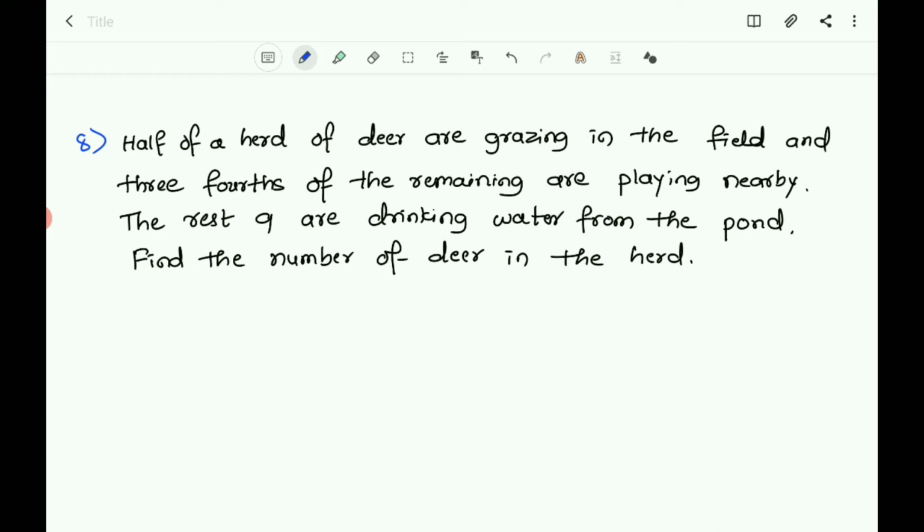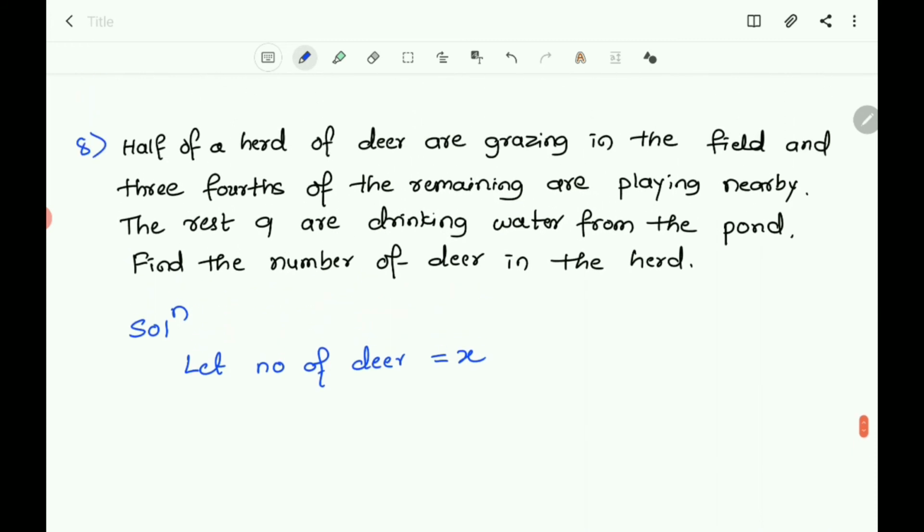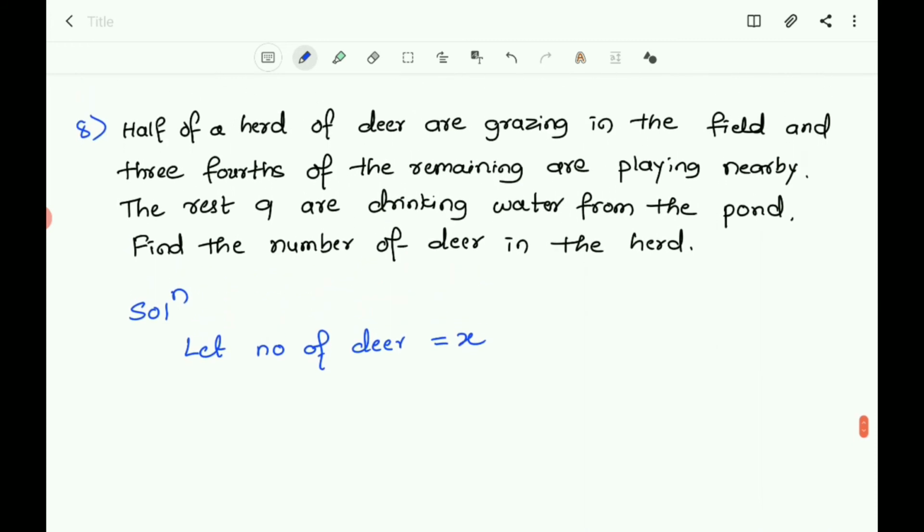Now let us take the number of deer equals x. So we have the solution here. Let the number of deer be x. Here they said half of the herd of deer are grazing in the field.